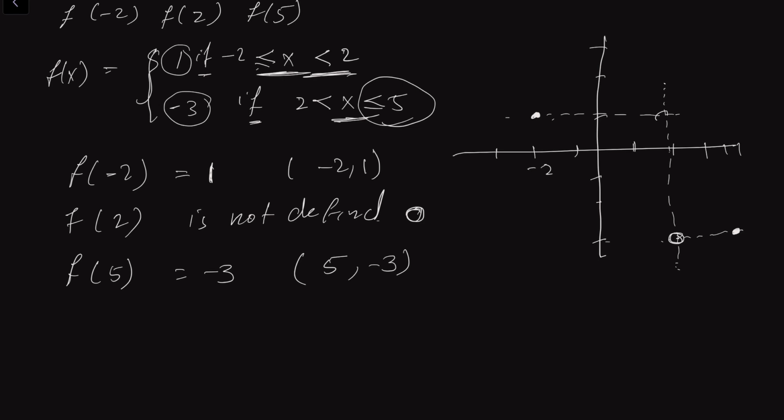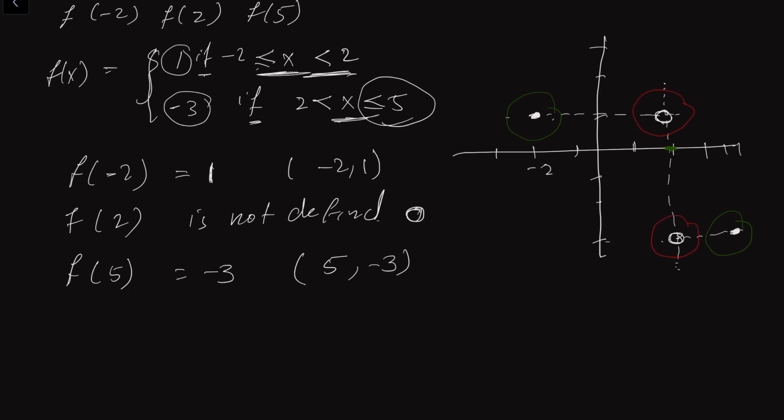Right? So if we check here, the function is undefined, but here it is defined. That's why you have a solid point. Okay, so when x equals 2, the y value is undefined.